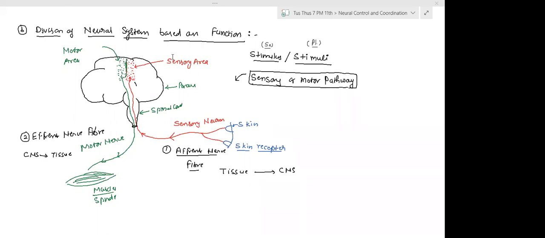So structurally they are all humans, but functionally they are different kinds of humans. One takes the problem, another solves the problem. Got it? Yes. So on the basis of function, we divide the nervous system into the categories afferent or efferent, right? Okay.